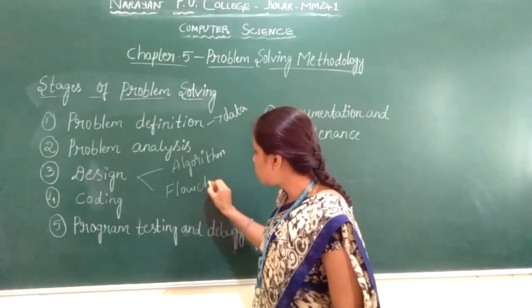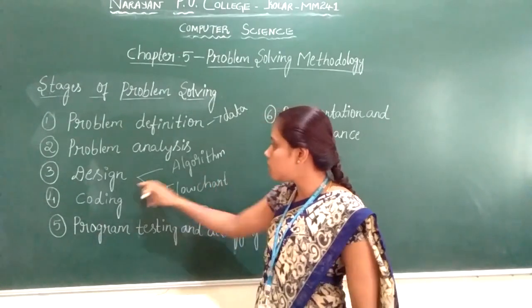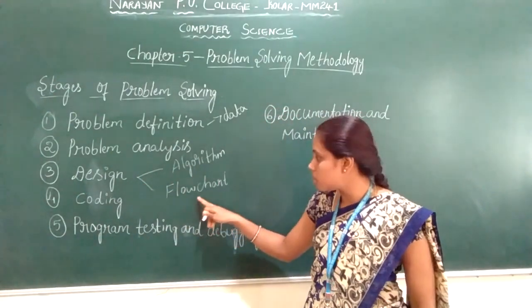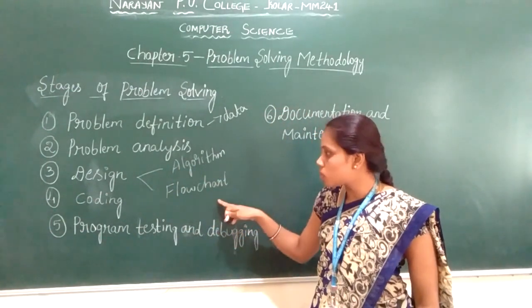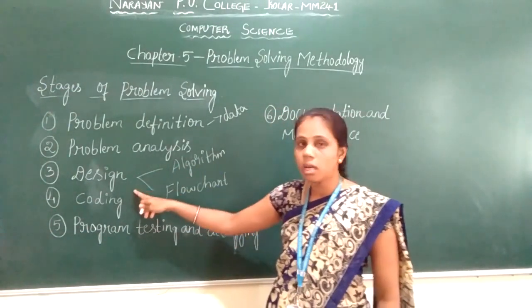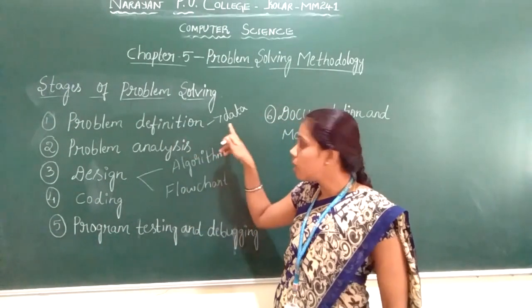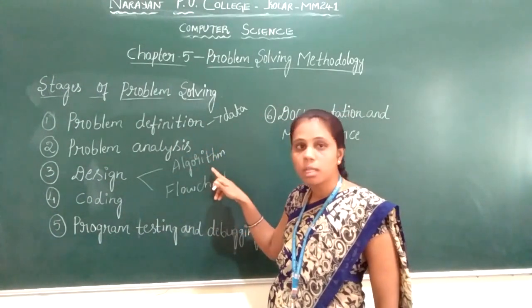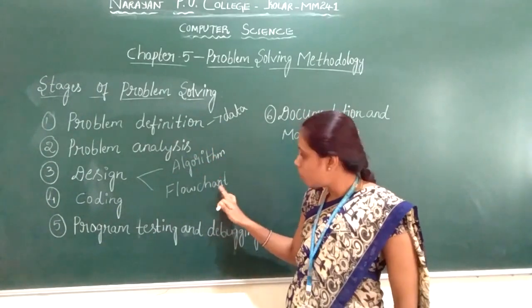So we have two different techniques to design a given problem. One is algorithm and the second technique is flowchart. Using these two methods we are going to design the solution according to the data given and after analyzing the data.